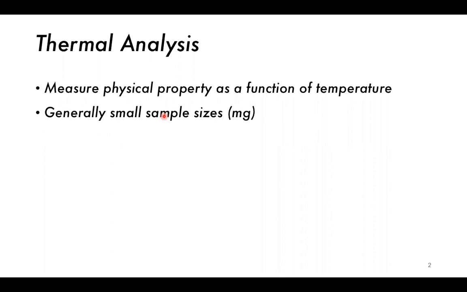These things are good for studies into crystallinity or crystal changes. So if, for example, you are making some sort of plastic material and you want to know how long it's going to exist for, some plastics start out kind of amorphous, and what that means is there's no real repeating structure.